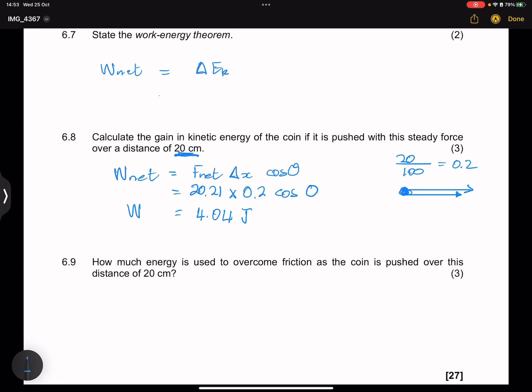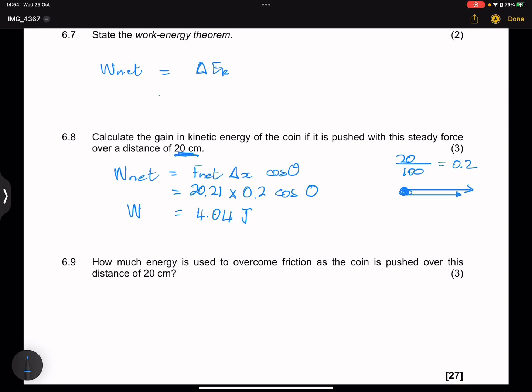Remember that the net work done is equal to the change, or in this particular case, the gain in kinetic energy. Okay, right. The next question, they say how much energy is used to overcome friction as the coin is pushed over this 20 centimeter distance, right?